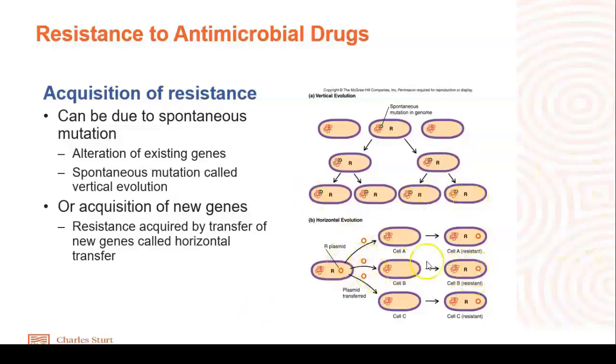Okay, so this little bacterium here can then transfer that plasmid to all of these, and that will then confer antibiotic resistance to them, as you can see there by that R and that acquisition of that extra chromosomal DNA there.